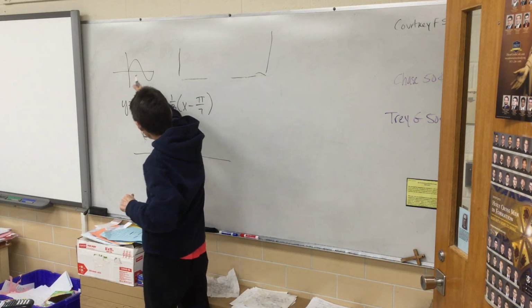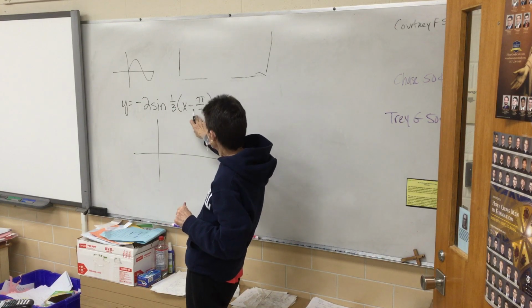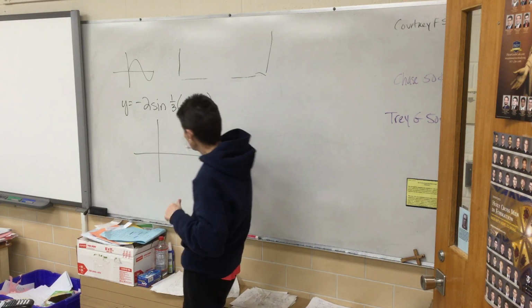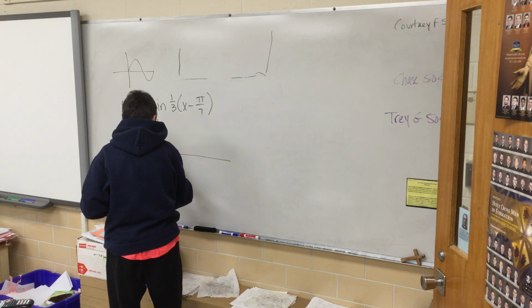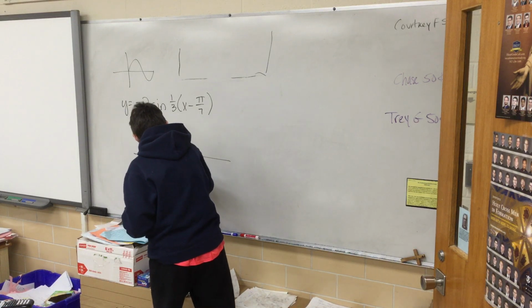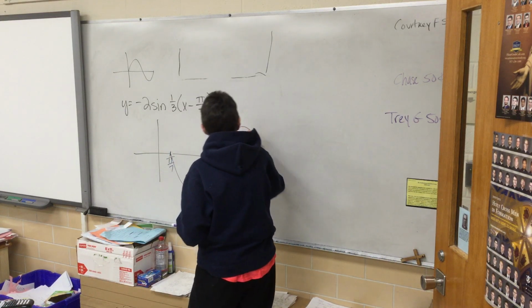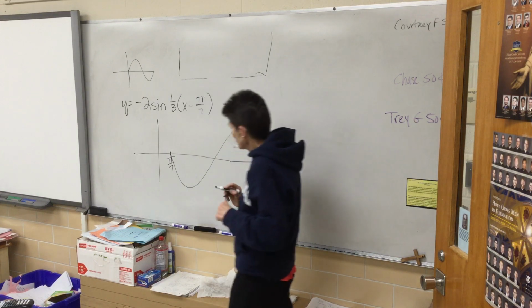So it's going to be valley and then hill. What does that do? To the right. So I have an upside down sine curve that starts here and ends somewhere. So I have this, right?